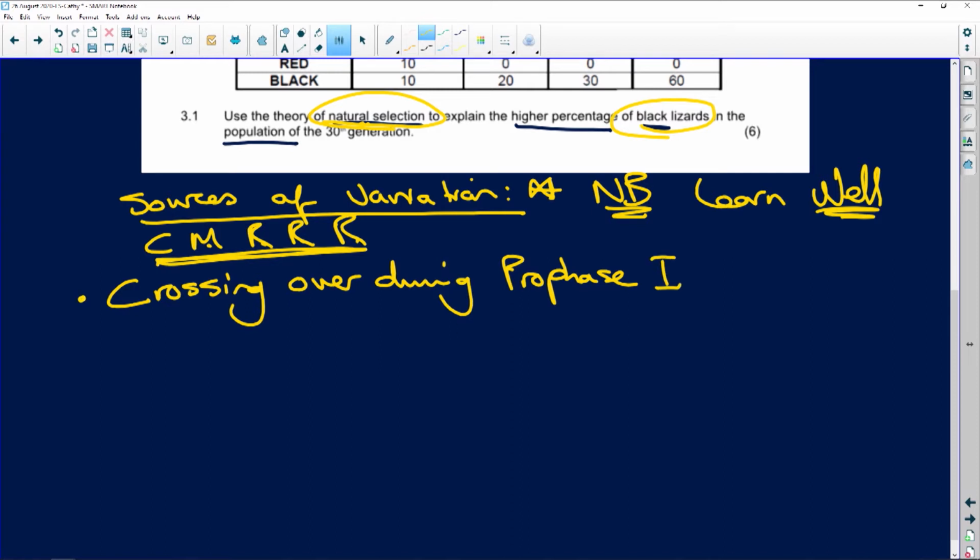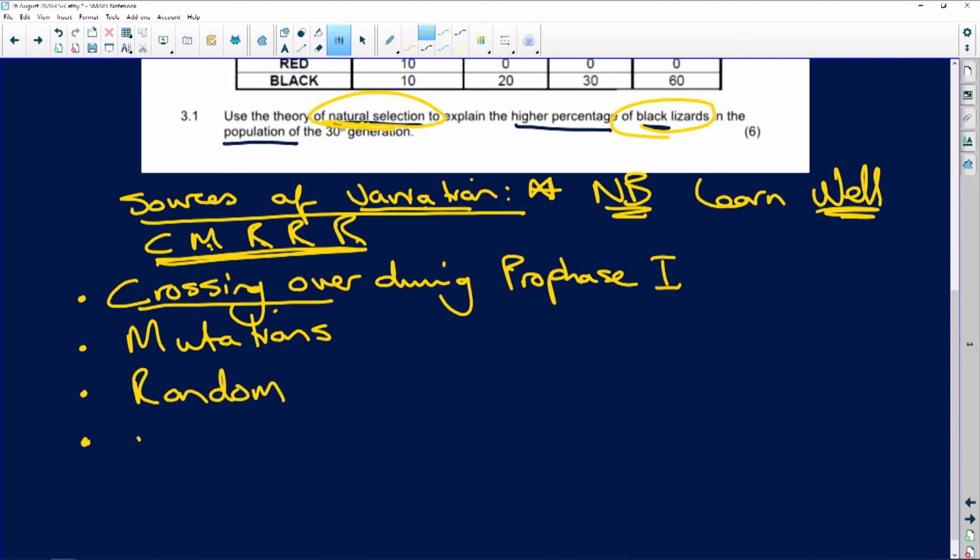The M is for mutations. Mutations cause variation. Crossing over causes variation, so mutations. The third, we now start with our R's, and our R's are random, random, and random.